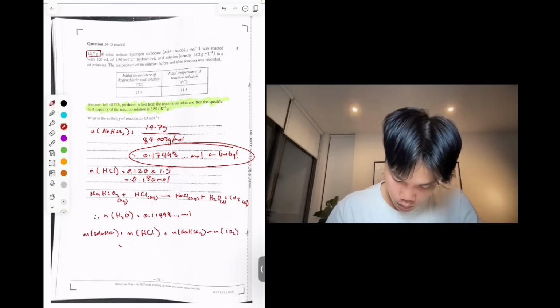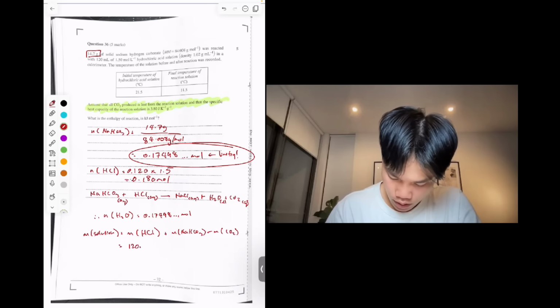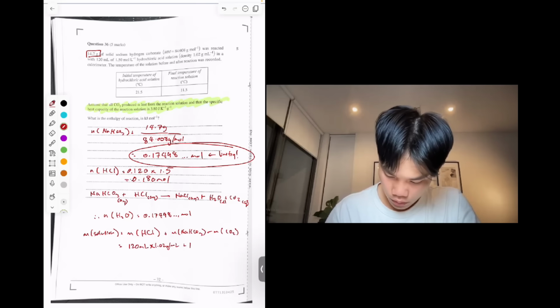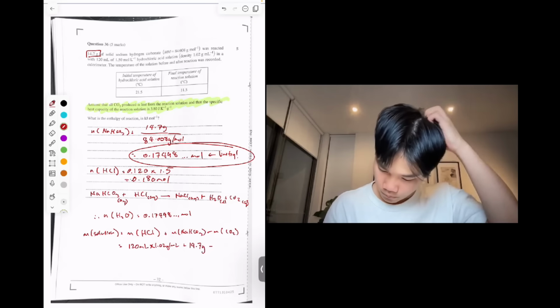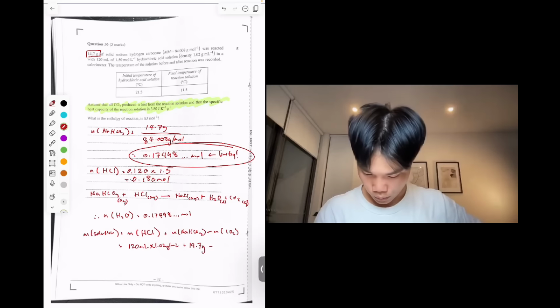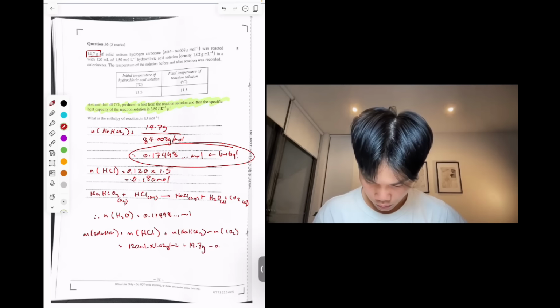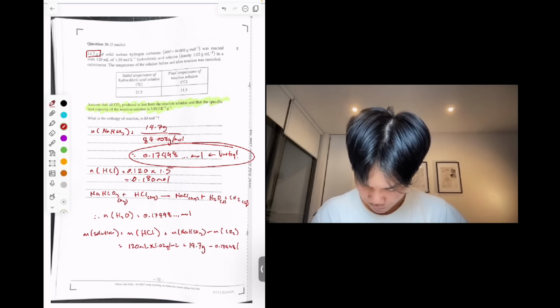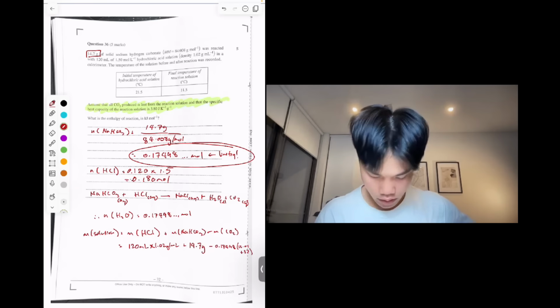And so all that comes to 120 mL times 1.02 grams per mL plus 14.7 grams minus, for CO2 you lose, 0.17498 multiplied by 12.01 plus 32.